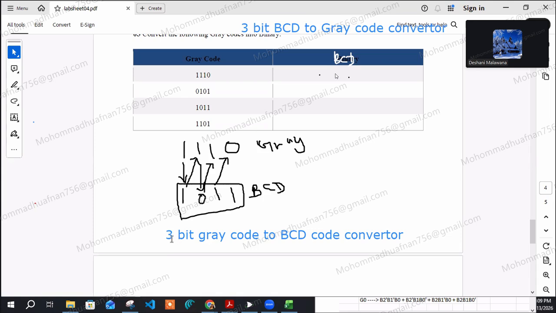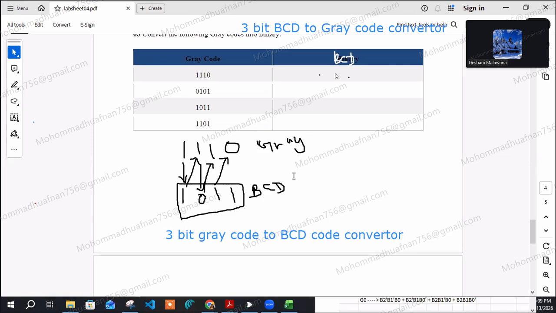We are going to create a 3-bit gray code to BCD code converter. Previously we generated what? A 3-bit BCD to gray code converter. So now your task is to create a gray code to BCD converter. You know how to convert gray code into BCD, and you know how to create a truth table.